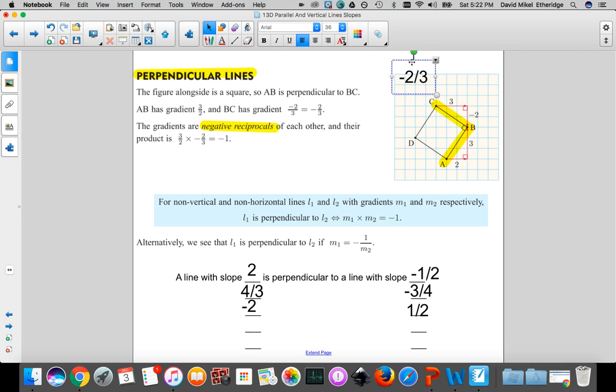However, AB has a slope of, we went up 3, right 2, so 3/2. Now notice they form a right angle, and that means they're perpendicular to each other. So lines are perpendicular if and only if they have opposite reciprocal slopes.